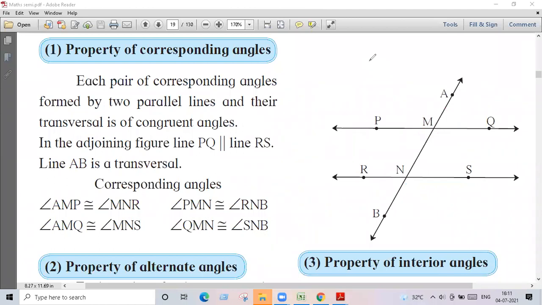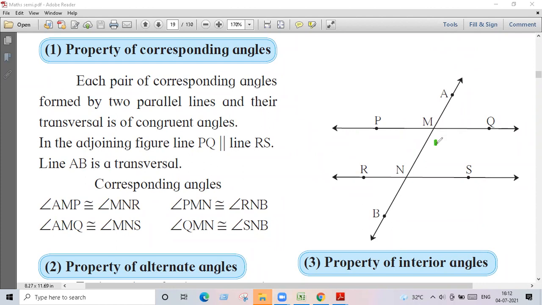Then the third property, of interior angles. Now here, interior angles are not congruent, but they are supplementary. That means the sum of their measure is 180. They are within these two parallel lines.